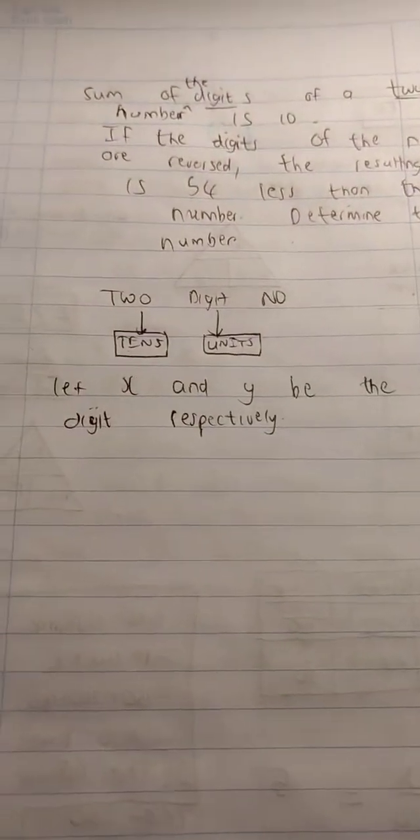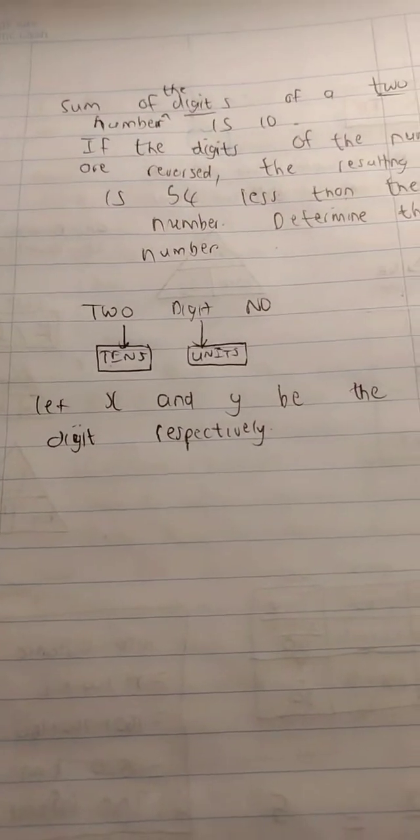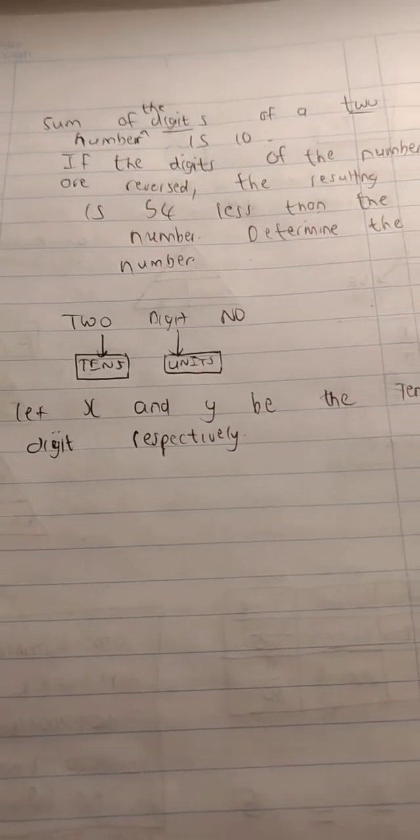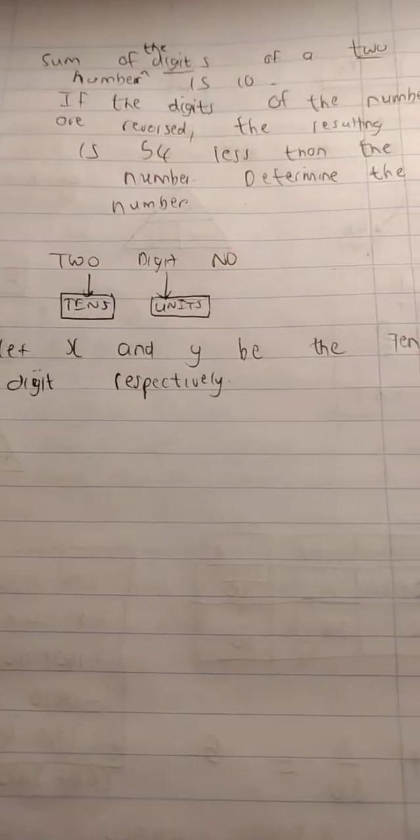Now let me just alert you of something. Learners in grade 8, 9, 10, 11 don't know these basic concepts of tens, units. They last did those tens, units, column stuff in grade 7 and 6, which was in primary school.